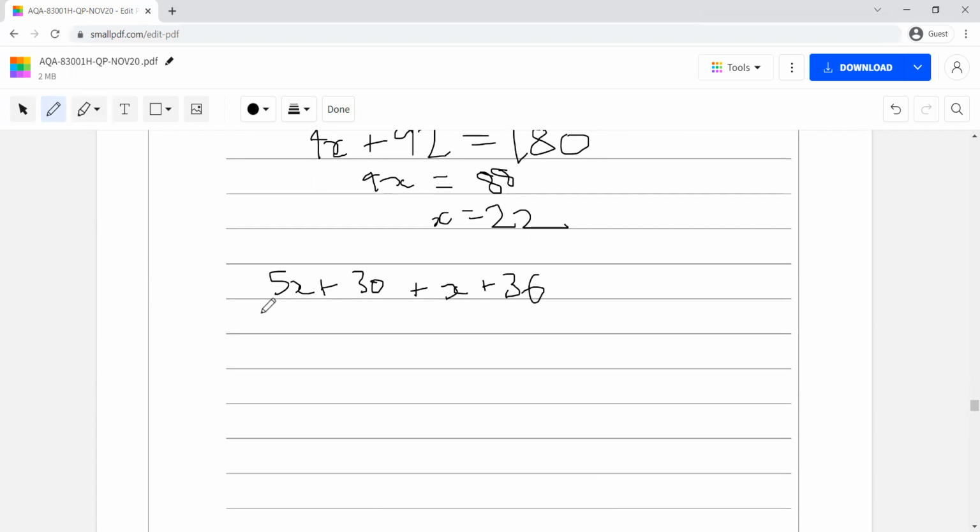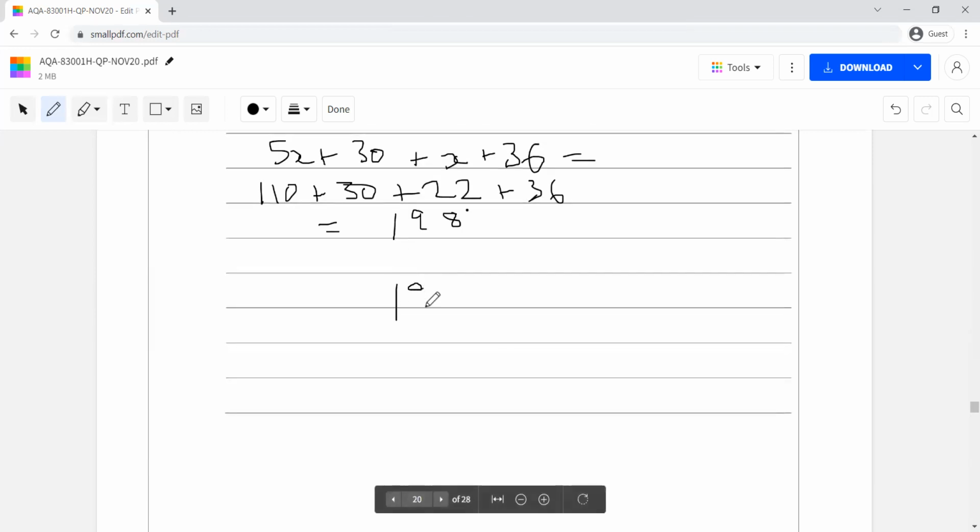If we sub in 22, we get 110 plus 30 plus 22 plus 36. 110 plus 30 is 140, and 140 plus 22 plus 36 is equal to 198 degrees.